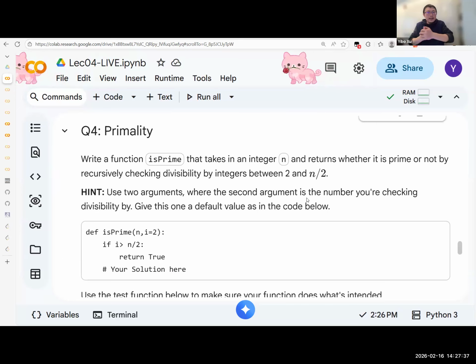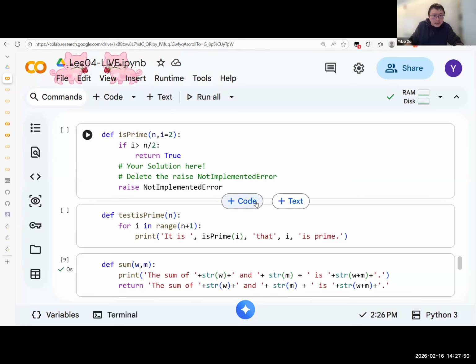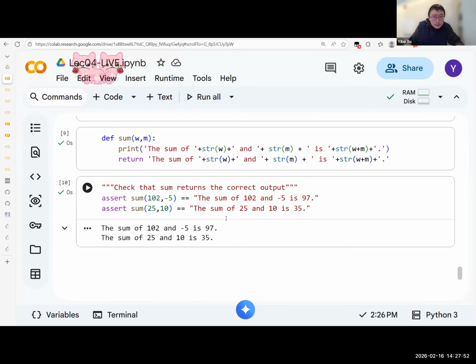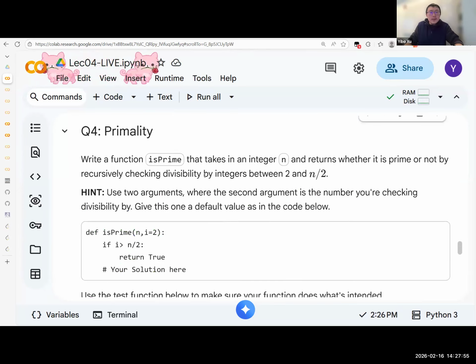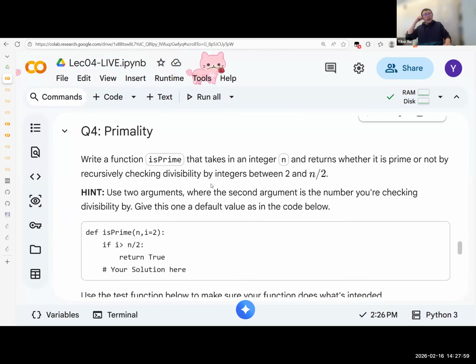You guys can play with whether a number is prime or not. This is question 4. Basically, I need to check whether a number is prime or not.